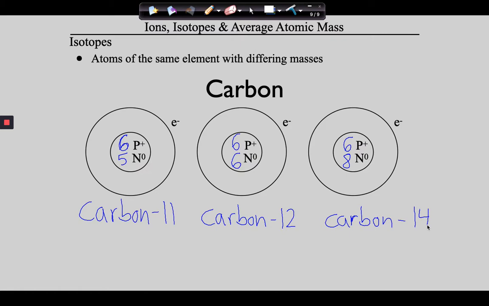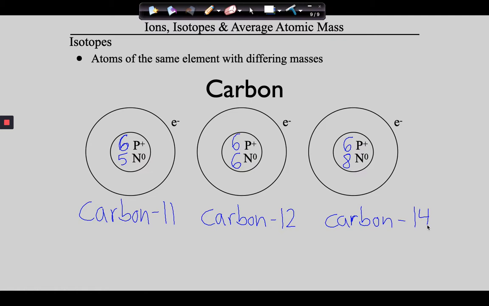Where do you suppose that number comes from? We've got some that weigh 11, some that weigh 12, some that weigh 14, and all of those different weights of carbon are present in carbon, like inside our pencil. So where does the mass 12.011 come from?